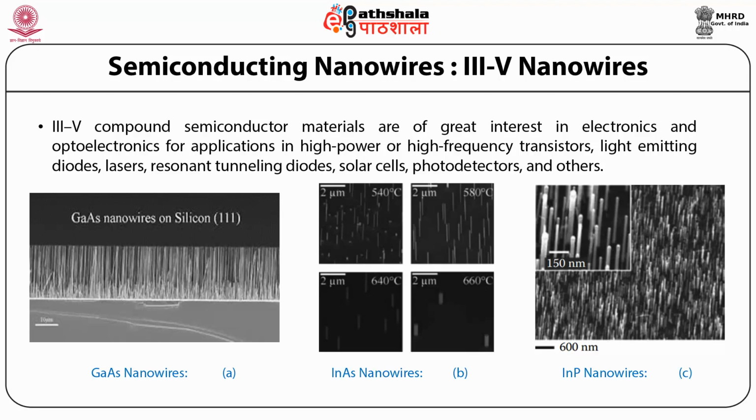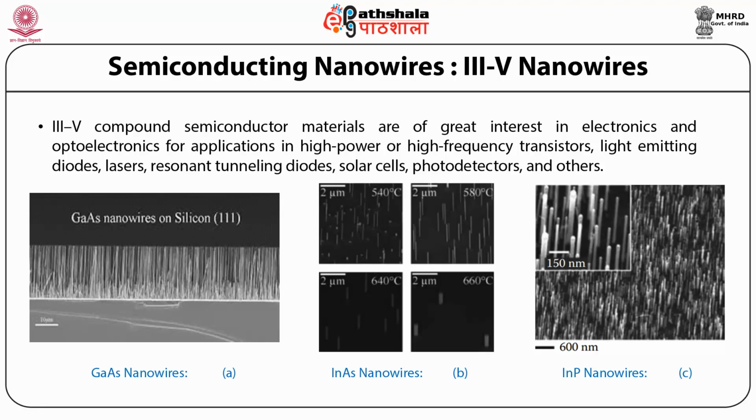Let us talk about gallium arsenide nanowire. Gallium arsenide nanowire, shown in figure A, is a direct band gap semiconductor with a band gap of 1.42 electron volt, an electron saturation velocity of 10 to the power 7 centimeter per second, and carrier mobility of the order of 8500 and 450 centimeter square per volt second for electrons and holes respectively.